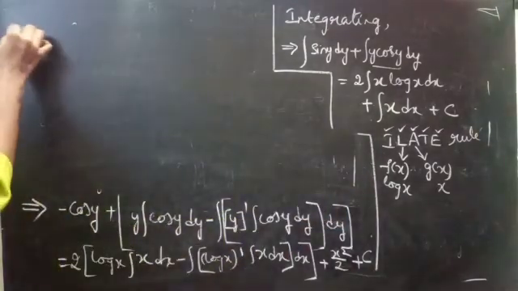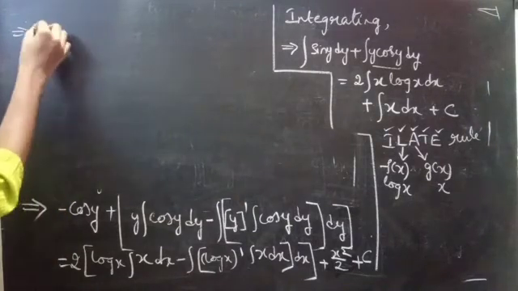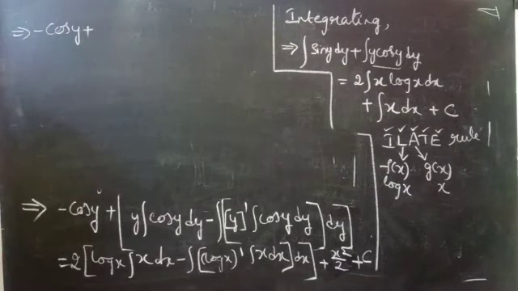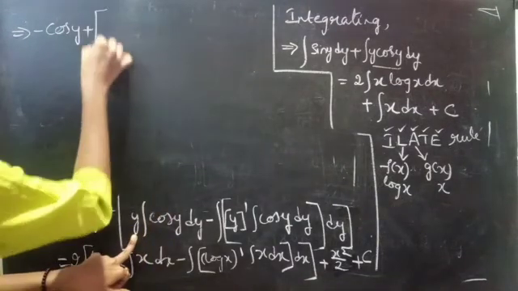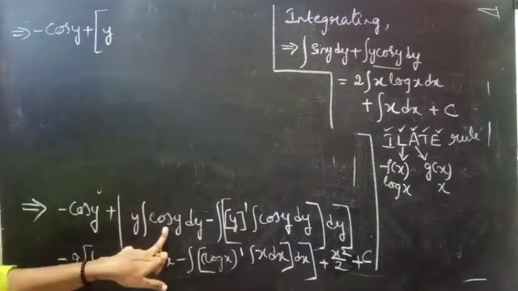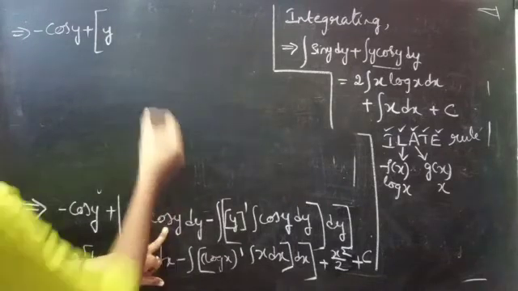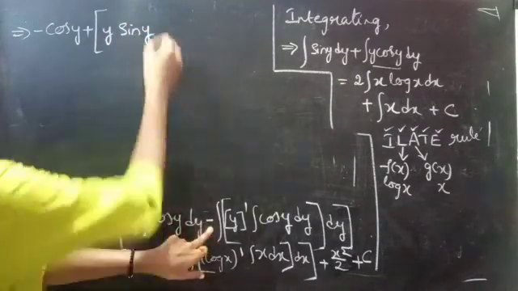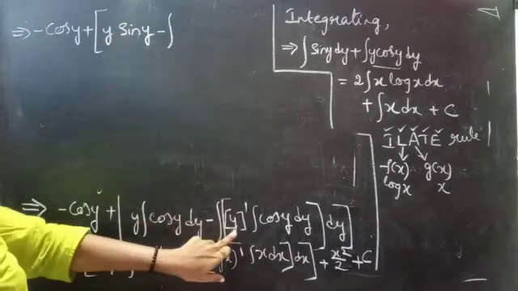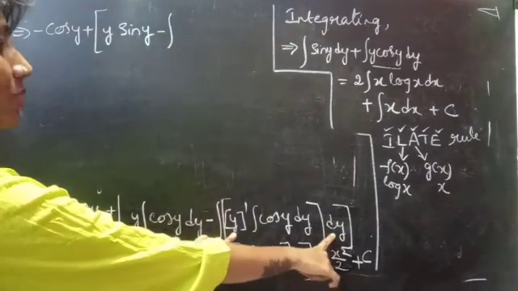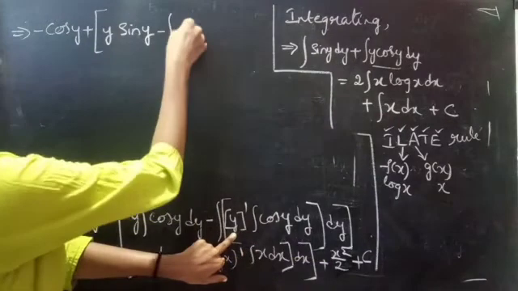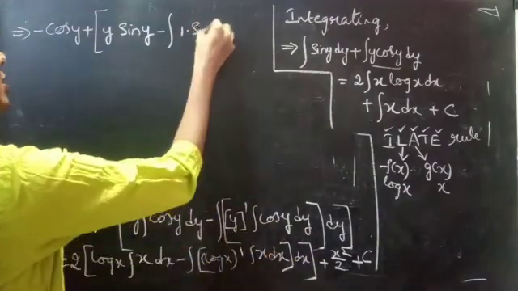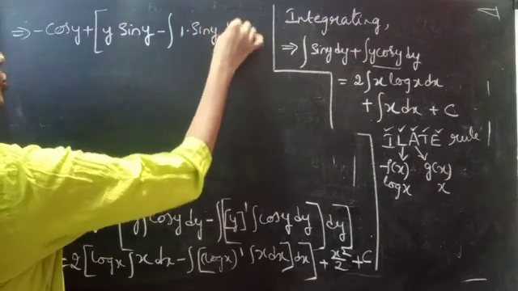This implies minus cos y plus y into integral cos y, which is sin y, minus integral of derivative of y with respect to y, which is 1, into integral cos y, which is sin y, dy.